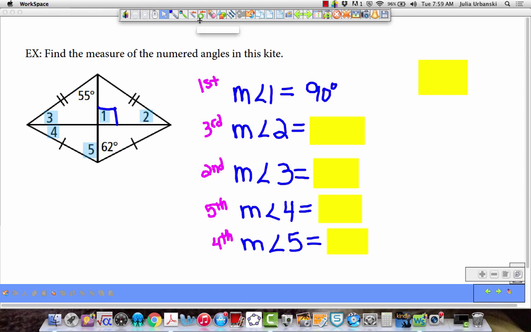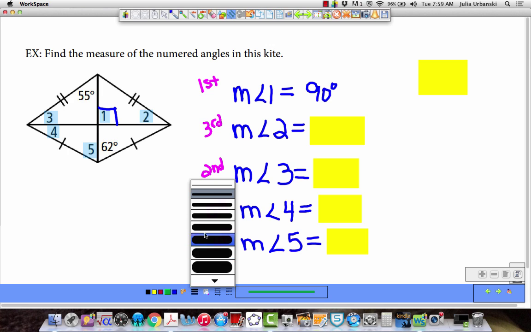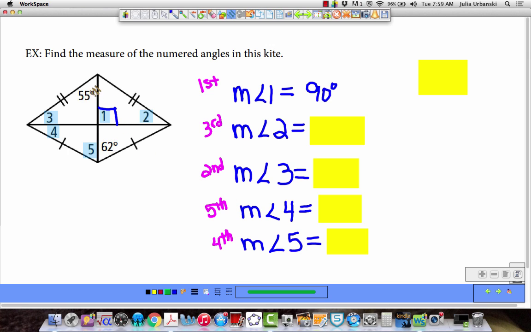Angle 3 comes from this triangle right here. How would I find angle 3? You need a clue there that I haven't written in for you yet. There's a 90-degree angle right here. Good, excellent. And there's a 55-degree angle here.